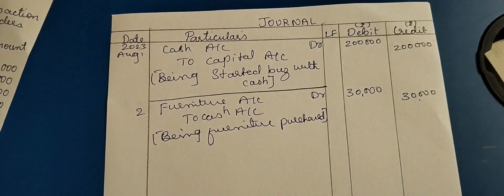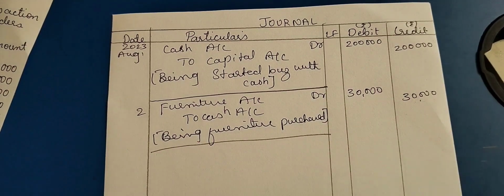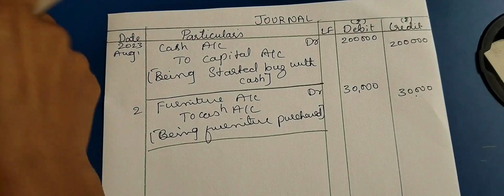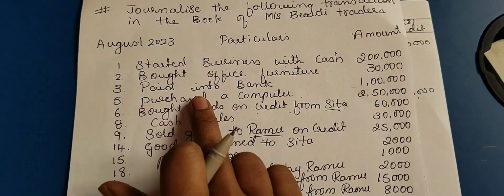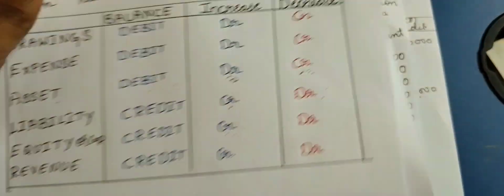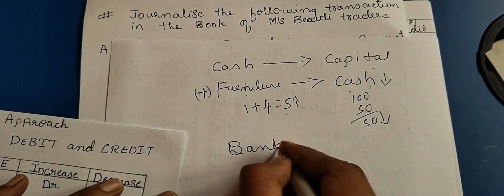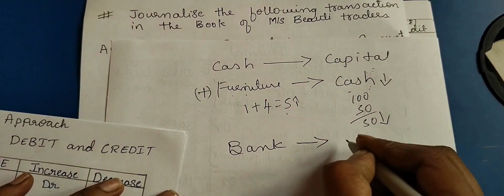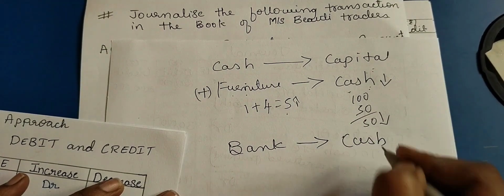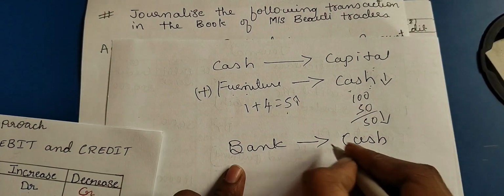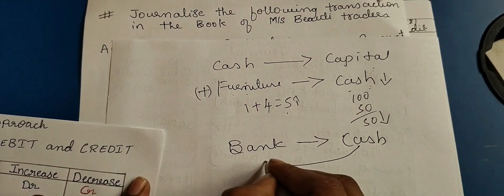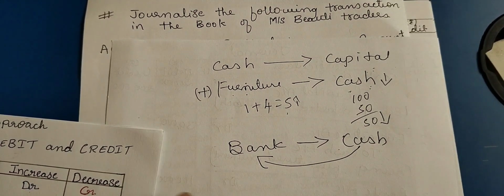Okay. So next transaction is on 3rd. That is paid into bank. Here paid into bank. So bank also comes under asset account. Bank to cash. You paid cash, you deposited cash into the bank.